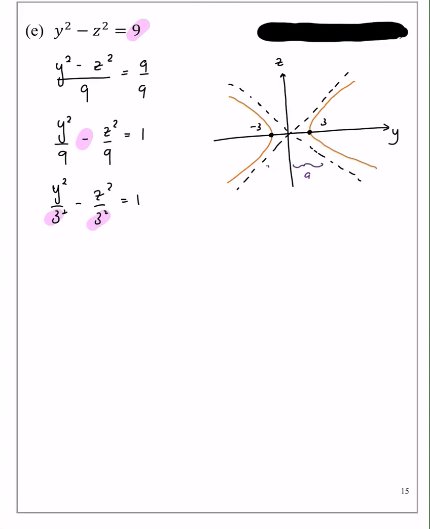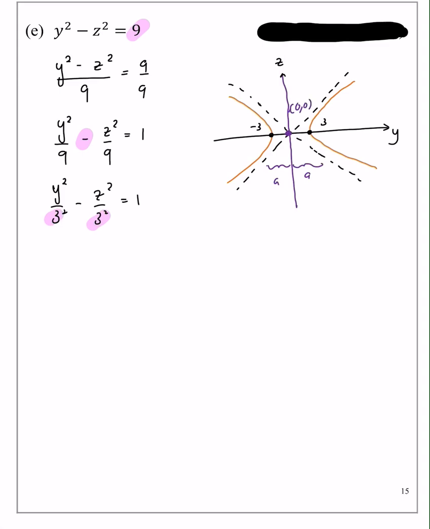This is the value of a, between the vertex and the center, the (h, k). Here (h, k) is (0, 0). The standard equation is y minus h and z minus k, over a squared, equal to 1. You need to check this again. Since h and k are 0, here it is 0, 0.